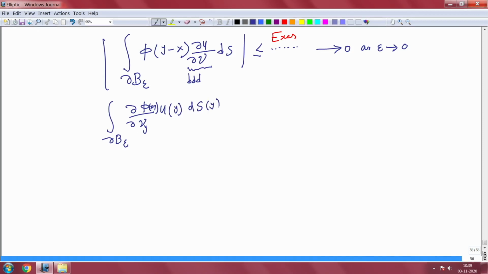If you recall from my previous lectures, this basically gives you the measure of that. So, exactly this will be the average of u of y, and as epsilon goes to 0, this goes to u of x. That is the singularity which you have already done.